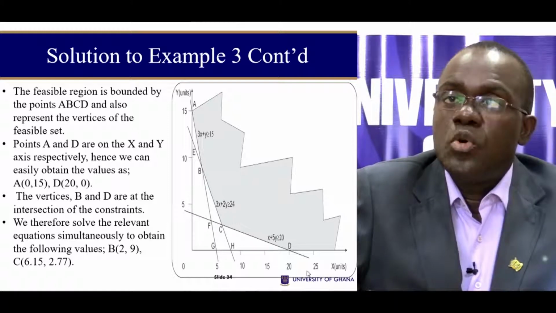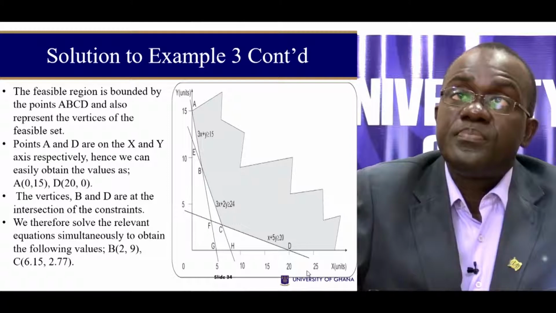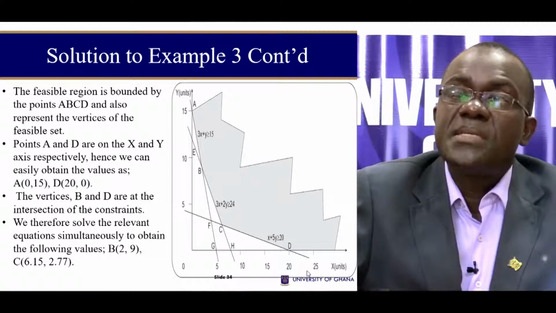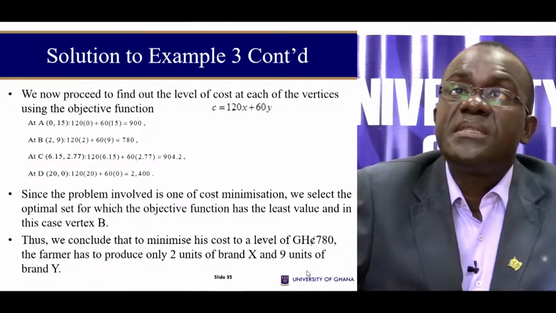So we need to know all these points, okay? And where we need to solve simultaneous equations, we have to do that. And we come to see that this is the point A, this is the point B, this is the point C, and of course, the point D is there.